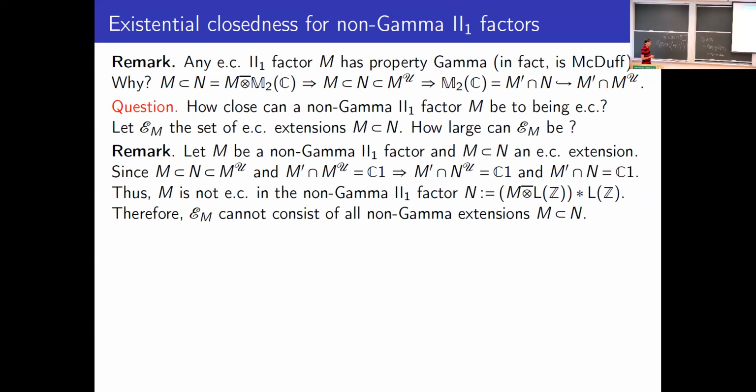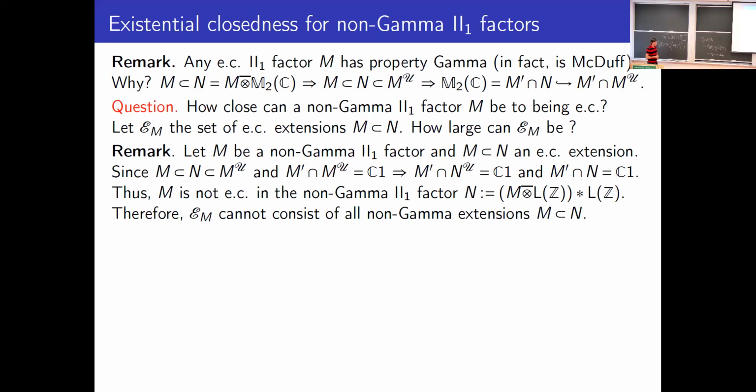So let us take any subfactor inside the alpha power. Then basically it embeds into the ultrapower because you picked it that way. So M is going to be existentially closed in any of those.